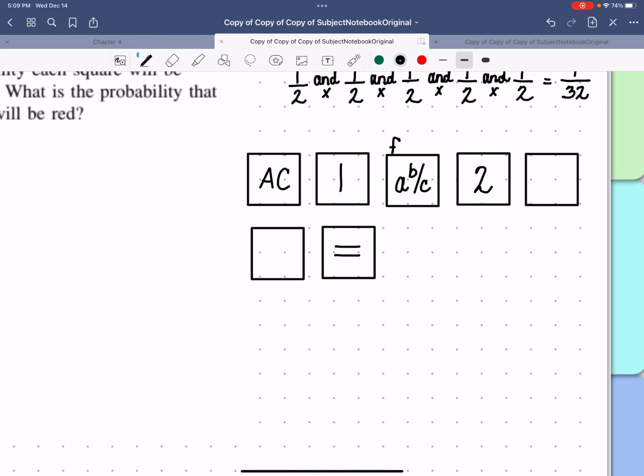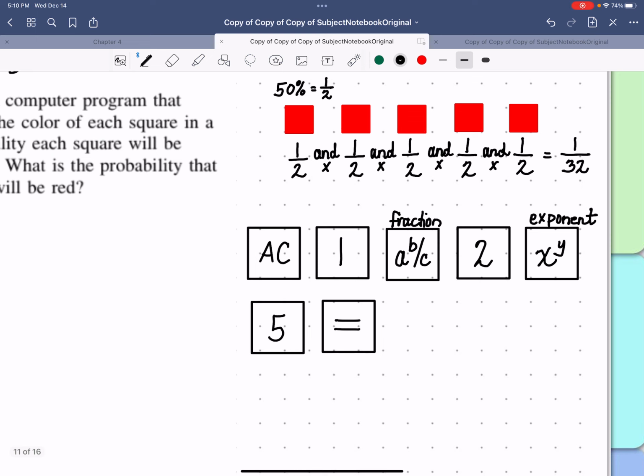This is called the fraction key. And then I'm going to use the exponent key. It's the XY key right above the C. And we want to do that 5 times. So the 5 is the power. It's the number of squares we have.